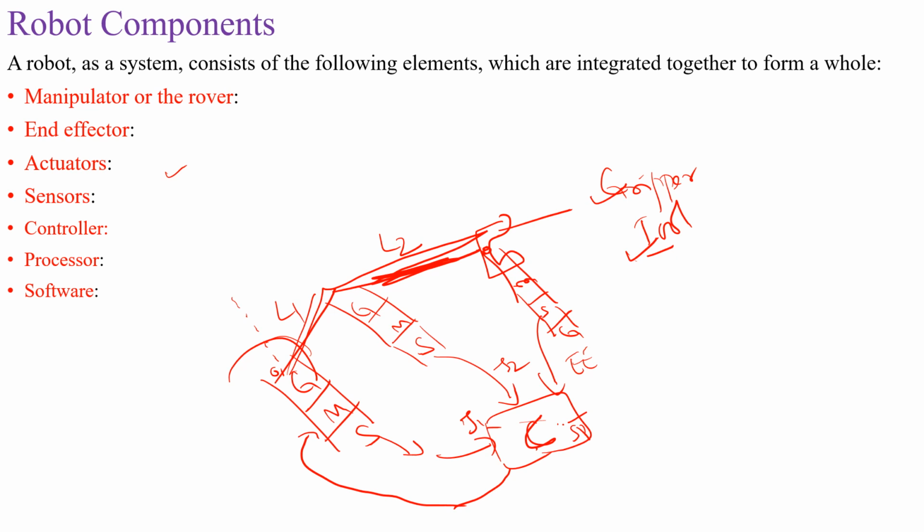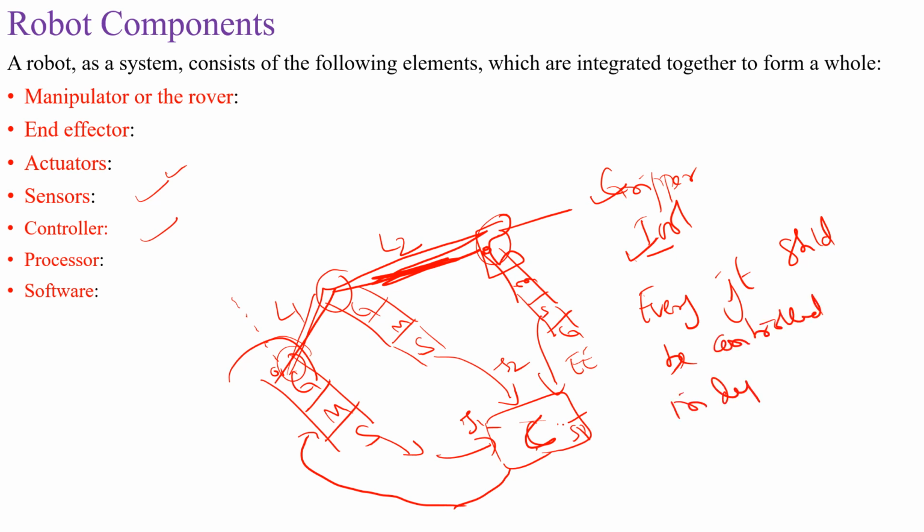So that's actuators. Sensor also. What is the use of the controller? I said for each joint, it's a joint control system. We can't have one controller for all. The logic is that every joint should be controlled independently. We have to remember this rule or concept: every joint should be controlled independently.